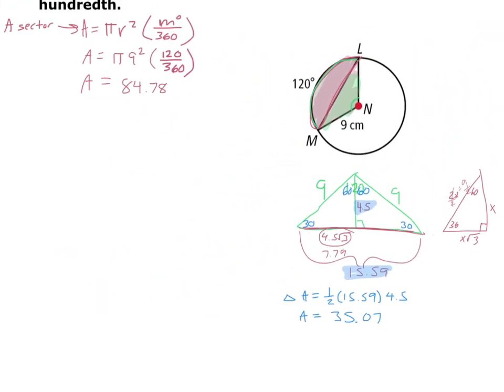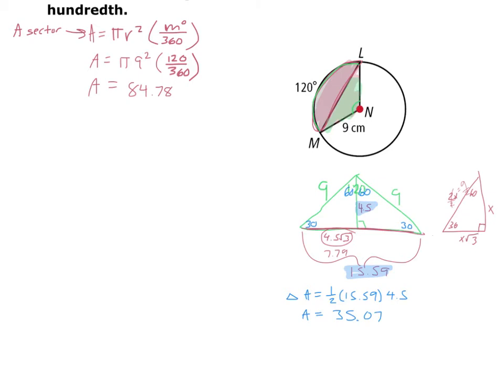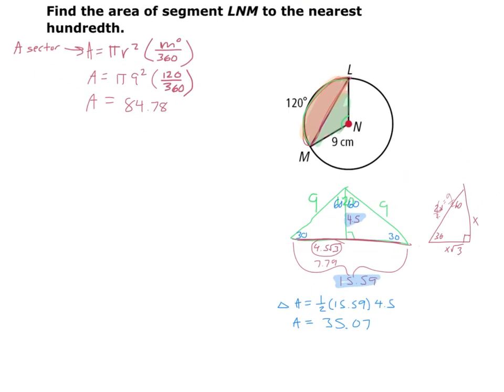Okay, now that we found our 2 areas, to find the area of this segment, you can't really see it, but I made it orange. This segment, we need to do our area of the sector, which is 84.78, and subtract our area of the triangle, which is 35.07.